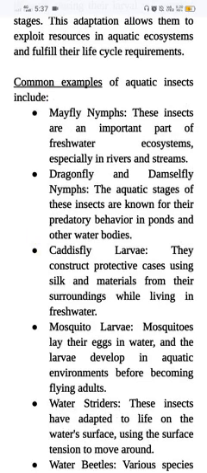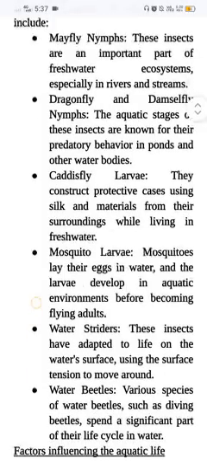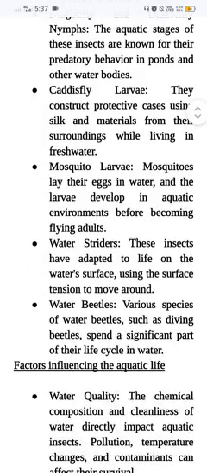And the caddisfly larvae is there. They construct protective cases using silk and materials from their surroundings while diving in freshwater. Then mosquito larvae, which can also be stated as an aquatic insect because its larval stage is aquatic.